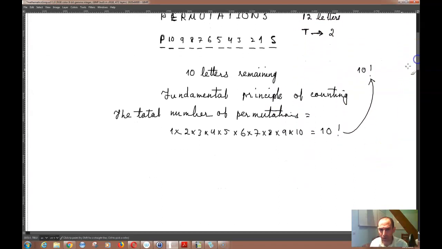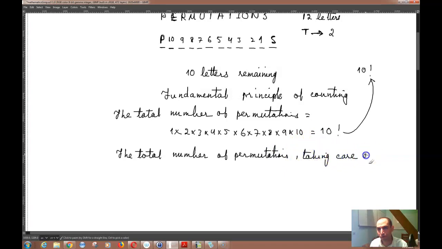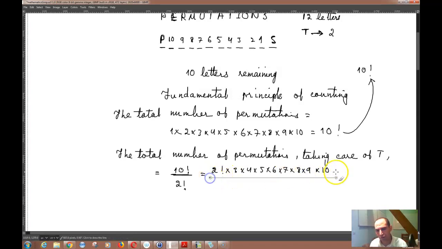So the total number of permutations, taking care of T, is equal to 10 factorial divided by 2 factorial, which is equal to 2 factorial times 3 times 4 times 5 times 6 times 7 times 8 times 9 times 10 divided by 2 factorial.